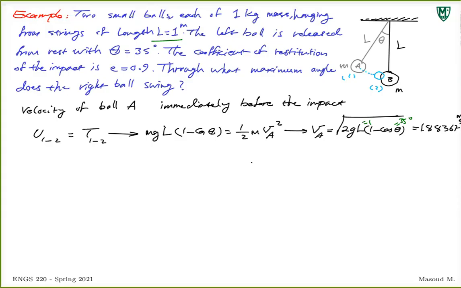When we get all the way at the bottom, it becomes L, and then we find delta h, which is L minus L cosine theta. This is delta h, which is L minus L cosine theta.